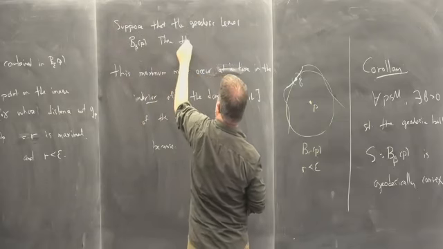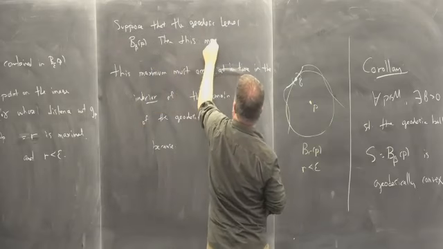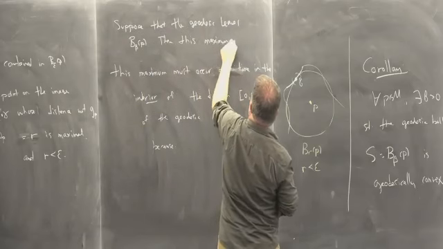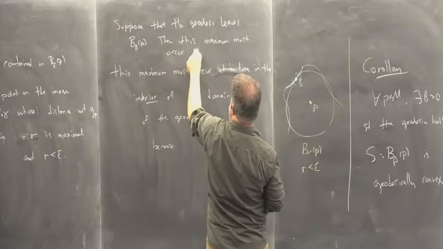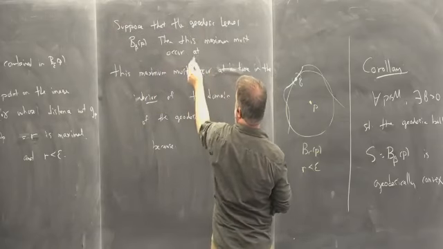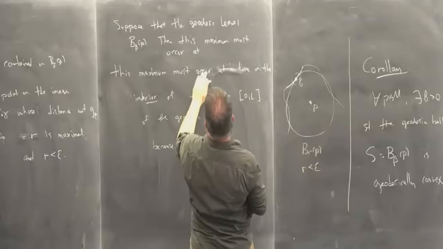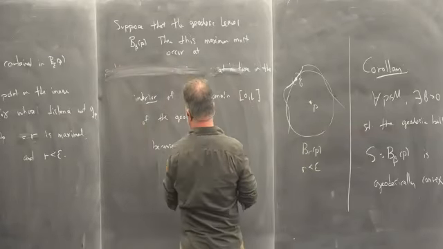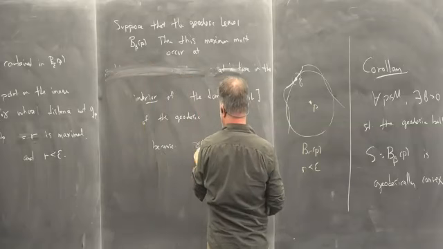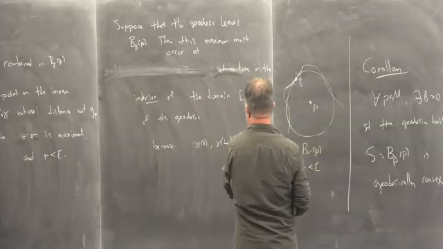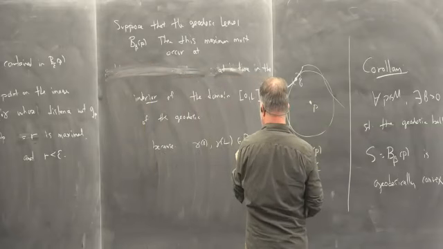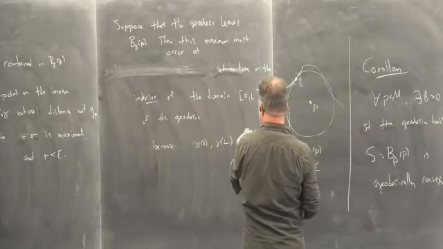Then this maximum must occur at an interior point, because gamma of 0 and gamma of L are in the closure, right?